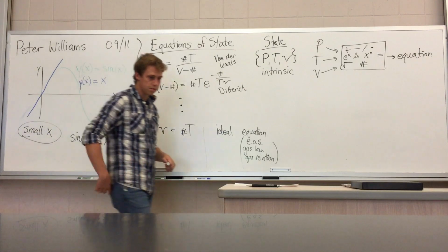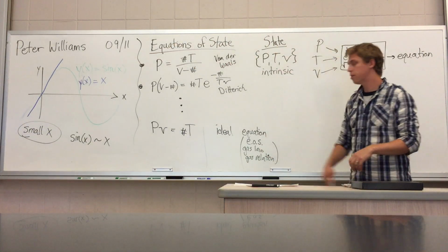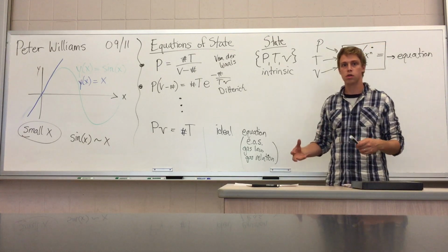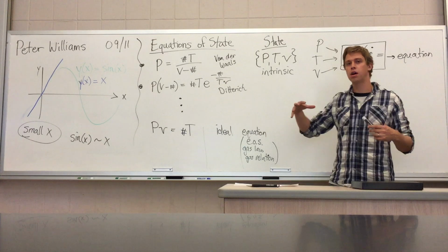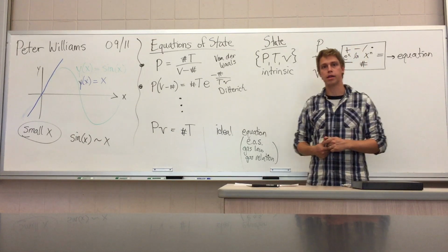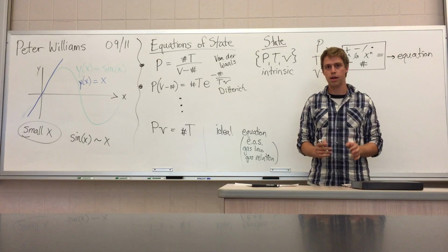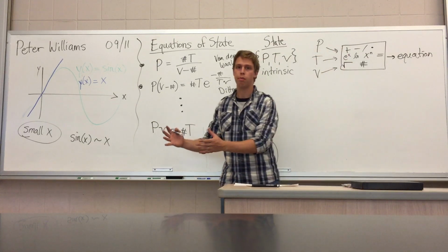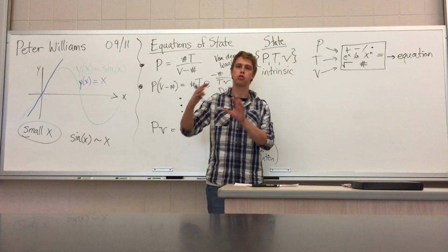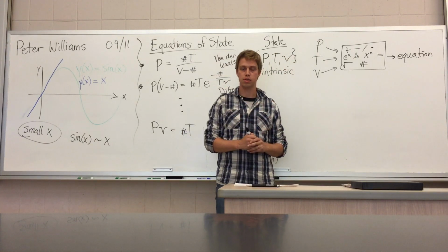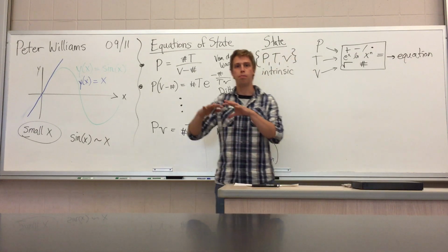Now, the question is, are there any actual real-world fluids that satisfy this? Because remember, we didn't start the way that we typically start in science, which is: what does the physical world around us look like, and how can we mathematically describe it? We're going from math trying to describe real things. In this case, we were kind of backwards. We started with math.